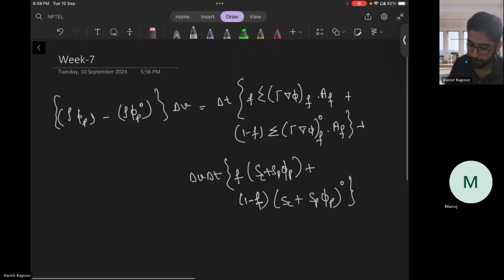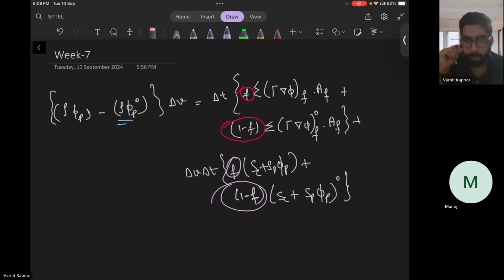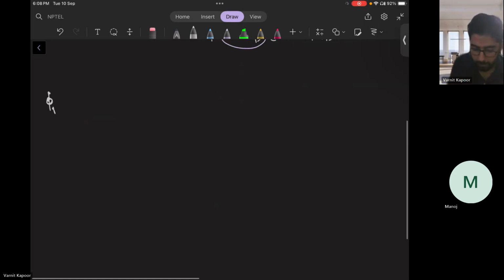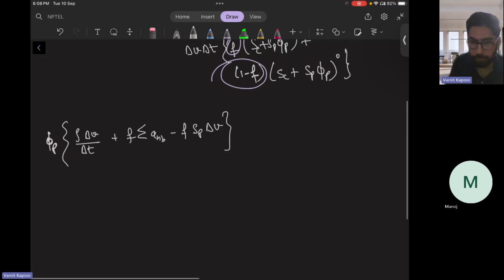If I take out the phi P term here, phi P times rho del V over del t plus f times the summation of a_nb, all the neighboring points, minus f into the source term SP del V is equal to phi P naught times rho del V over del t.